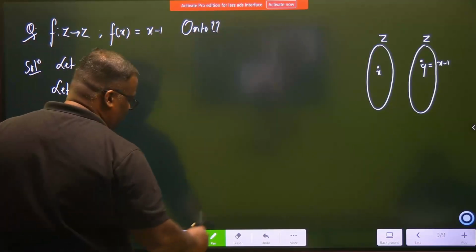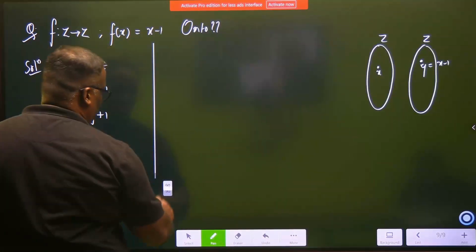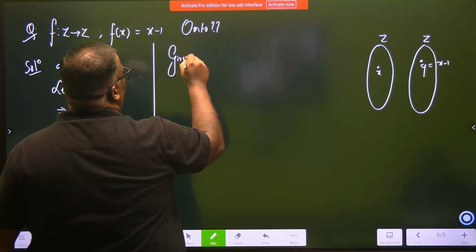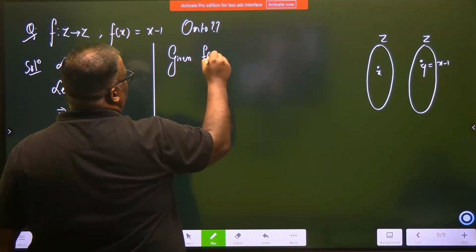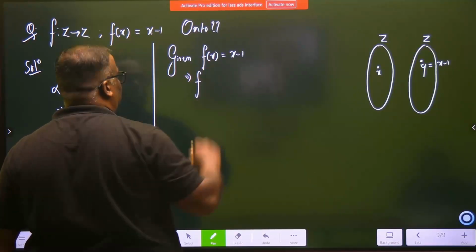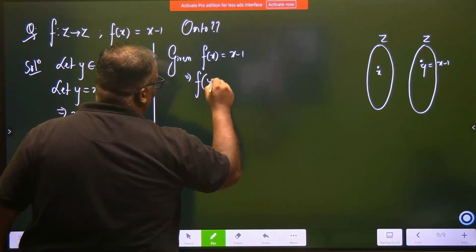Now let's go to the function and do our job. What are we given? We are given f of x is equal to x minus 1. Now, instead of x, what will you plug in? You will plug in y plus 1.